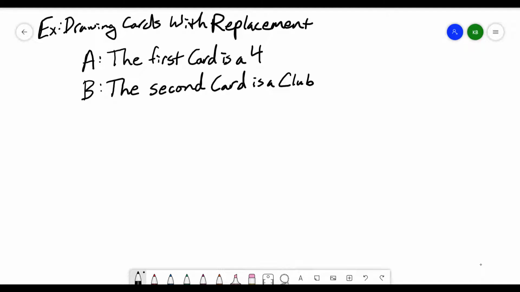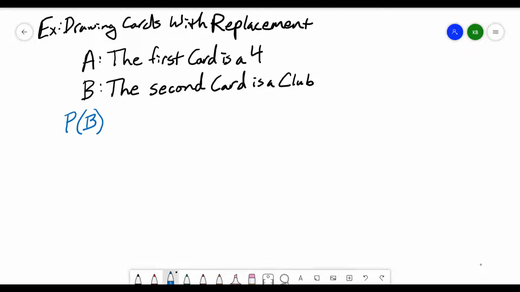So let's think about the first experiment we just did, drawing cards from a deck with replacing the cards back into the deck. So we're going to have event A, that the first card was a 4, and event B that the second card is a club. So when I think about the probability of these events, I'm going to think about the probability of B specifically for a minute.